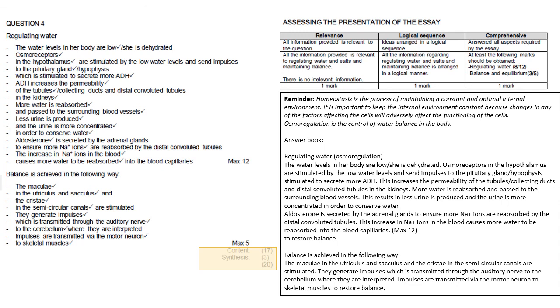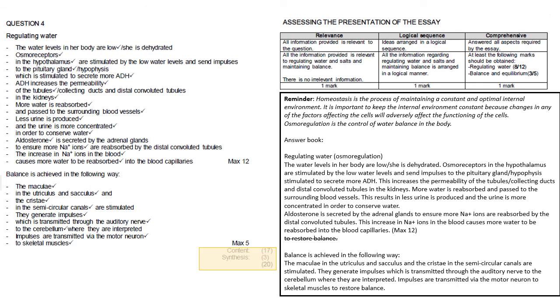So, regulating water, or osmoregulation. The water levels in her body are low, or she is dehydrated. Osmoreceptors in the hypothalamus are stimulated by these low water levels and send impulses to the pituitary gland or hypophysis, which is then stimulated to secrete more ADH.